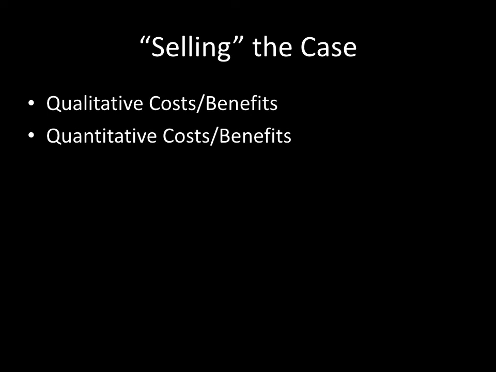For instance, making an investment in a new product that maybe it's not going to create that much sales, but it'll help your image. Well, we don't really know what the impact on the image will be or what it might do for employee morale or things of that nature. We don't know exactly what the long-term benefits will be from a dollars and cents standpoint, but yet we know that it's still important.